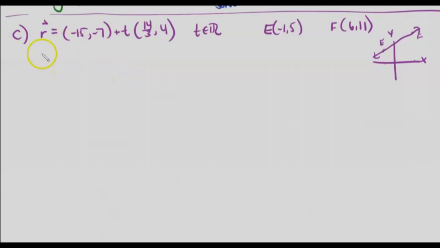So let's break this down into parametric equations. Okay, so negative 15, negative 7, I actually usually stack them like this. Negative 15, negative 7. Those are the two components for the point. Now, plus, this is going to be 14 over 3t, and this is going to be 4t.